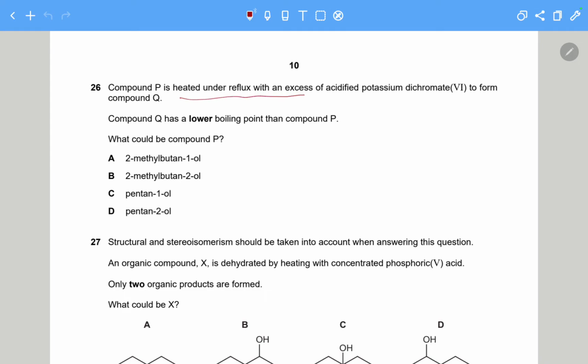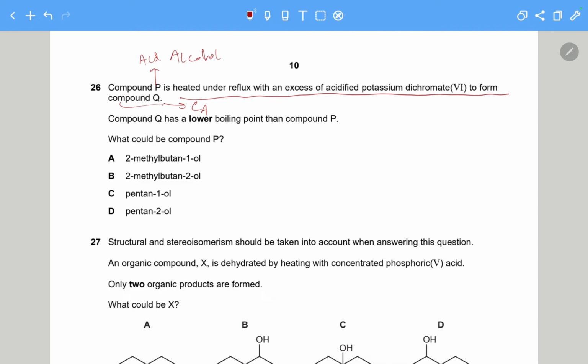Compound P can either be an aldehyde or an alcohol, because these are the only things that will get oxidized, right? And it's heated under reflux, so compound Q has to be a carboxylic acid. Compound Q has a lower boiling point than compound P.